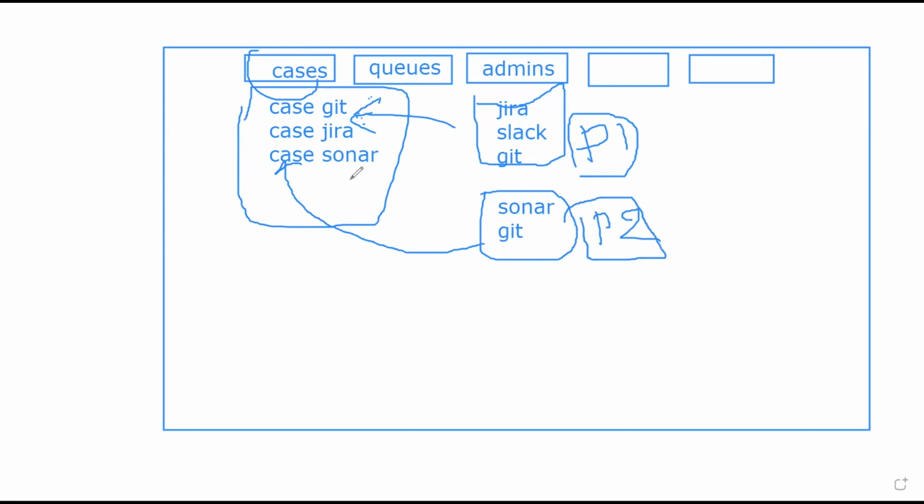We can also configure the assignment in such a way that only 3 tickets are in the queue for a specific person. This type of feature is provided under Service Cloud.